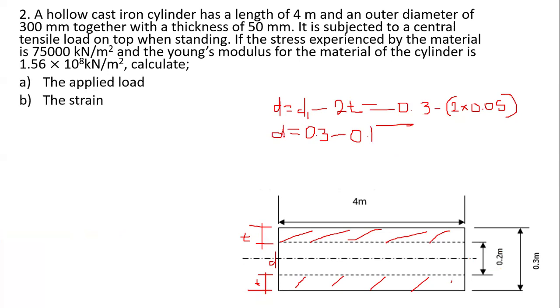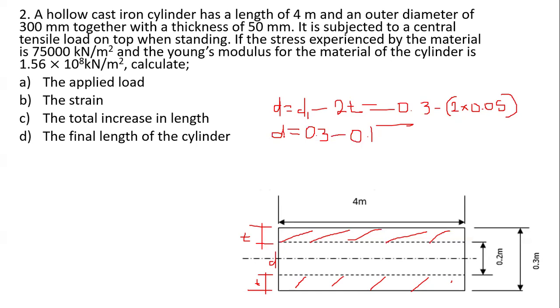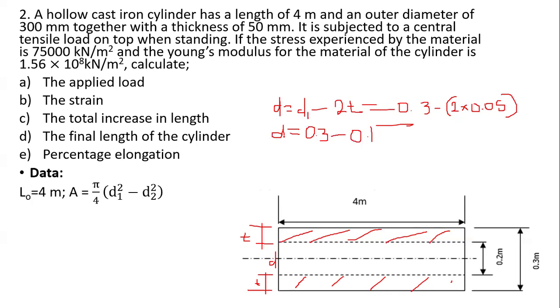Okay, so we need to find the force, the strain, the total increase in length, and the final length of the cylinder, including the percentage elongation. With the information provided, we've already established that the length is 4 meters. The area is pi d squared over 4, but this is a hollow shaft. It has this hole at the center.